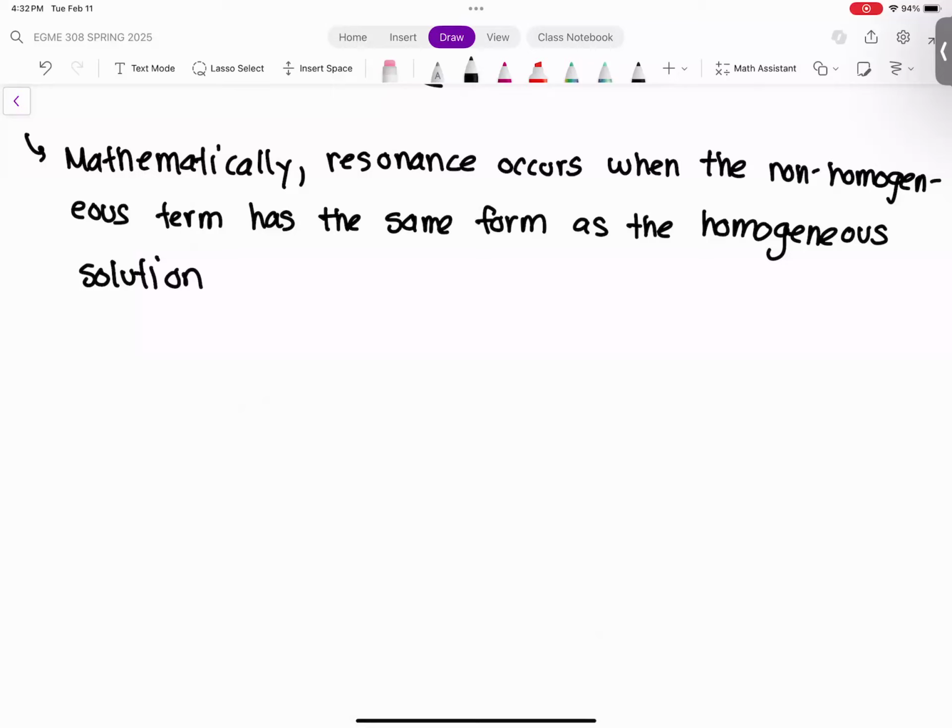Because remember, what happens when this occurs? In order to make sure that our particular solution is mathematically different from the homogeneous solution, we have to multiply it by x.